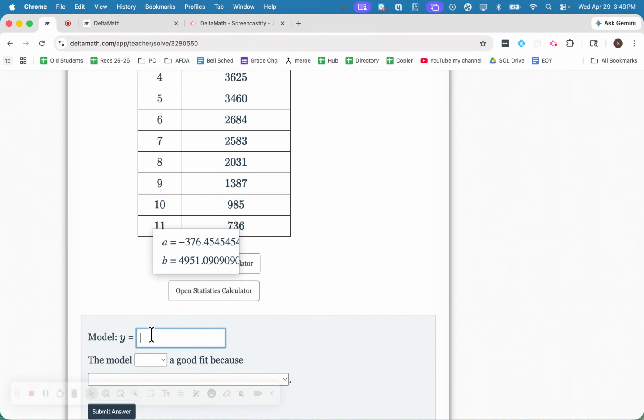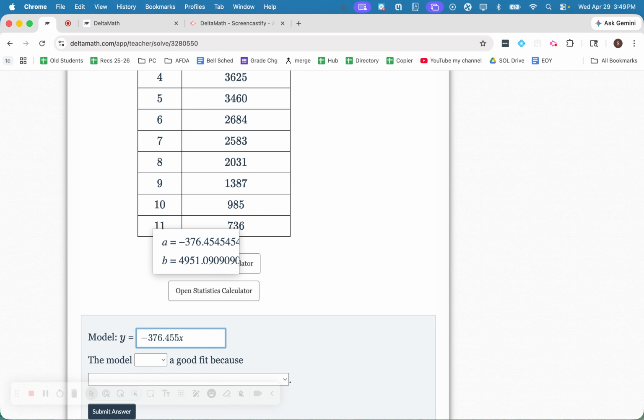I need my slope to have 3 decimal places, negative 376.454. But decimal place number 4 is a 5, so that's going to trip this up to a 5.